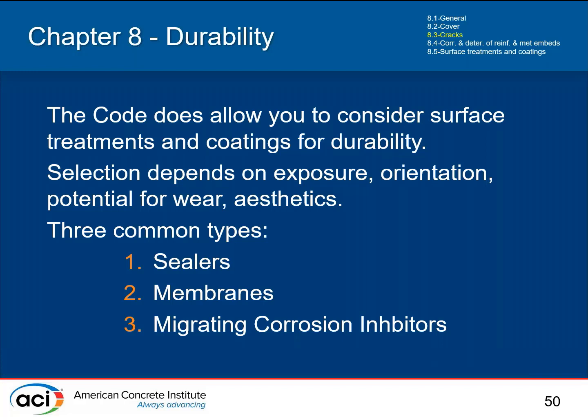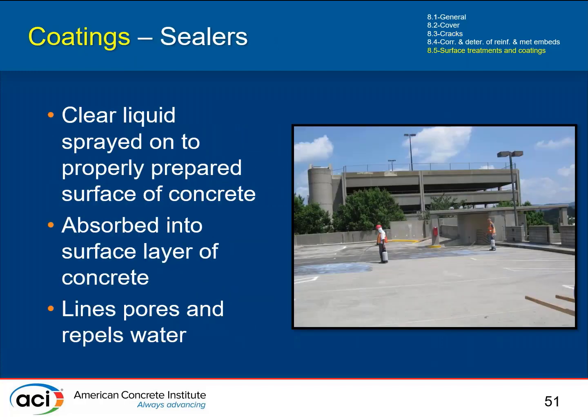I'm quickly going to touch on the three common types of coatings and membranes. The first one is a sealer, the original one, or in some ways the most basic, but it can be very effective. It's just a clear liquid that's sprayed on, absorbed into the surface layer, and it repels water as it lines the pore.